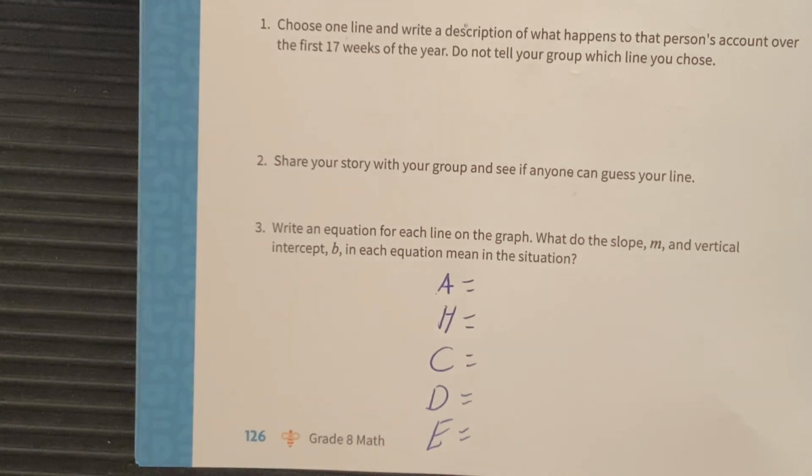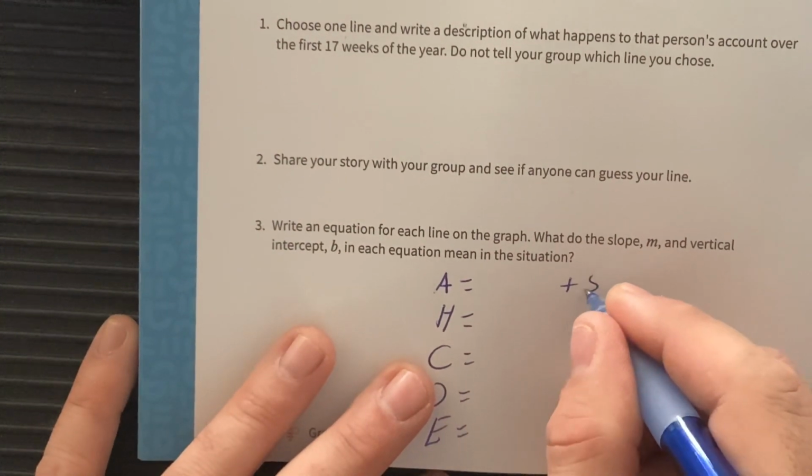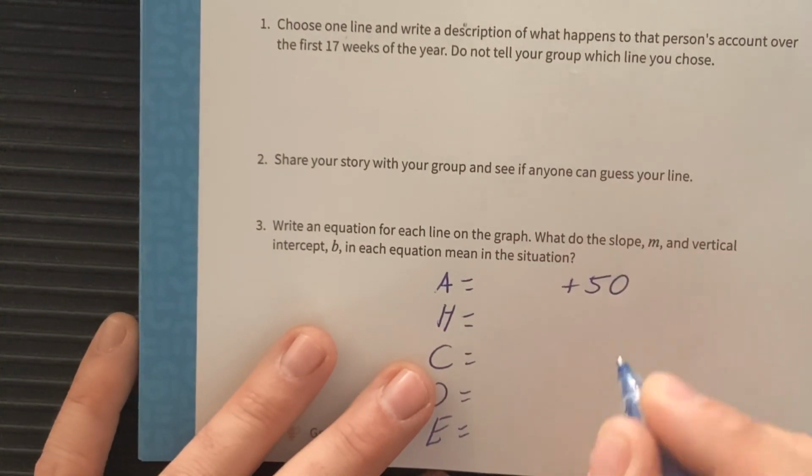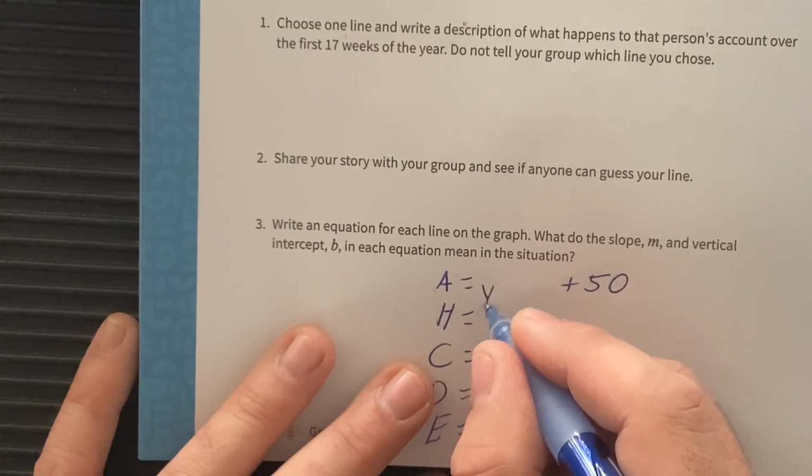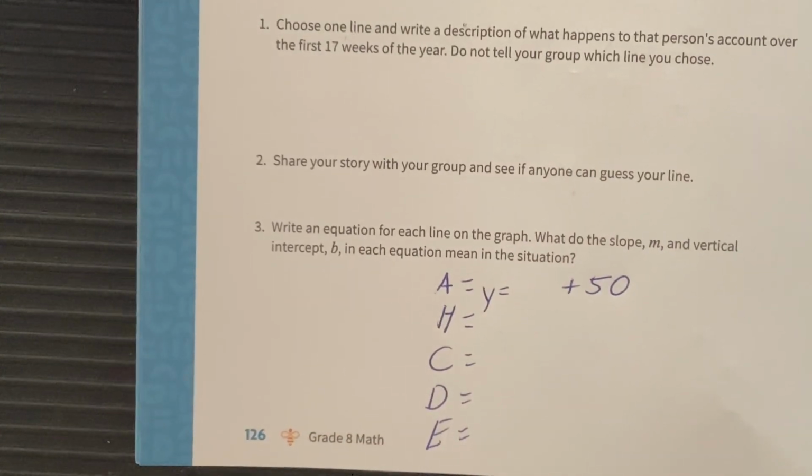All right, who had A? Okay, what do you got? What's going on there? How much you starting with? $50, so that's going to be in your equation at the end. And how much money are you gaining or losing a week?